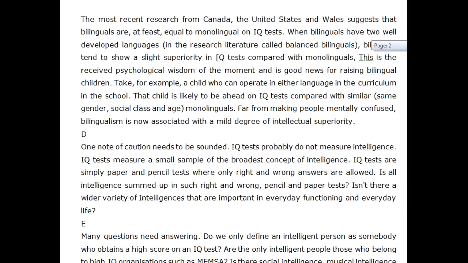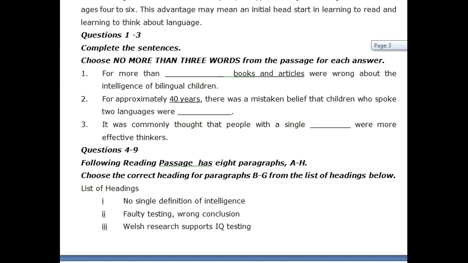Fine. Let's move to the next keyword. It was commonly thought that the people with a single dash were more effective thinkers. So effective thinkers is your keyword. What you have to find out, if you can recall, is: people with a single dash were more effective thinkers.